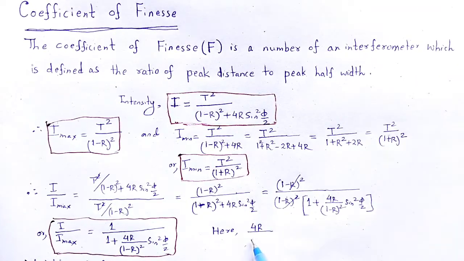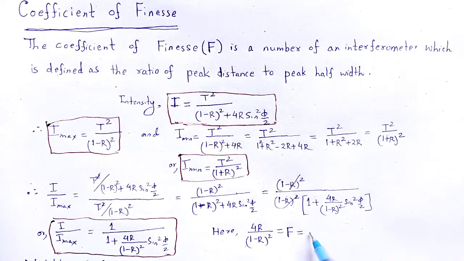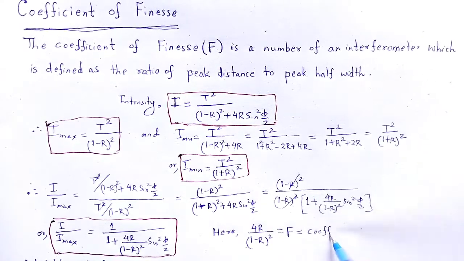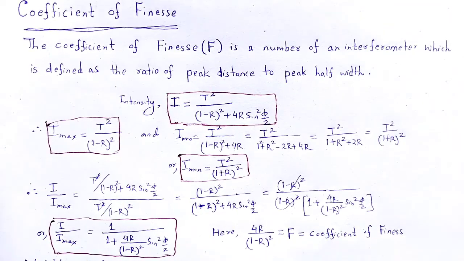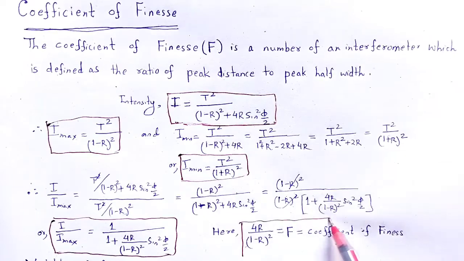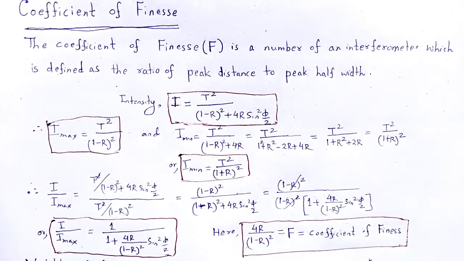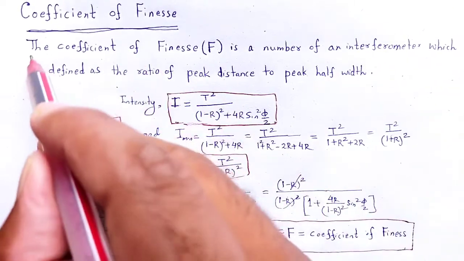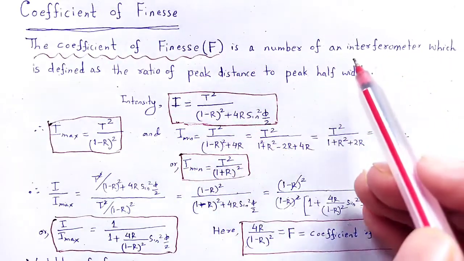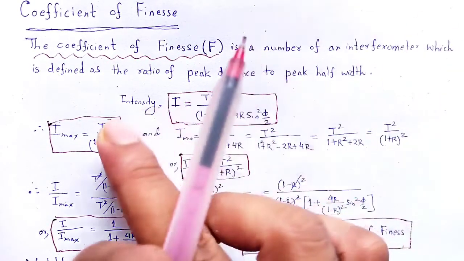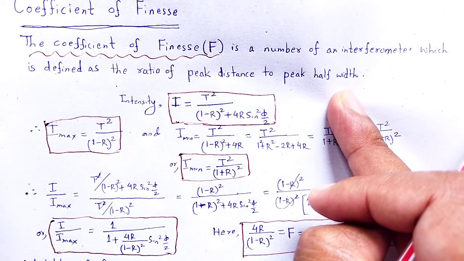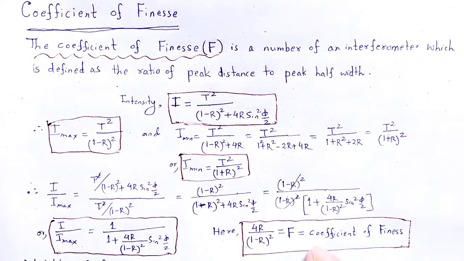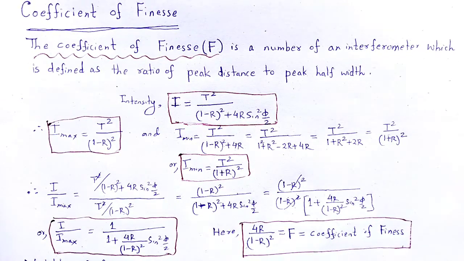Here 4R divided by 1 minus R square is equal to F, which is known as the coefficient of finesse. The coefficient of finesse is defined as the ratio of peak distance to peak half width, in the case of the Fabry-Perot interferometer.